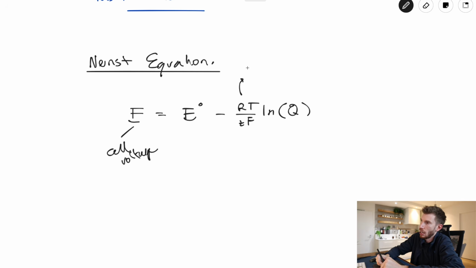So we've got R, which is our standard constant 8.314, depending on the units that you're using. You don't need to know the number though. F is going to be Faraday's constant, which is 96,500. Z is going to be the number of moles of electrons per mole of reactant.